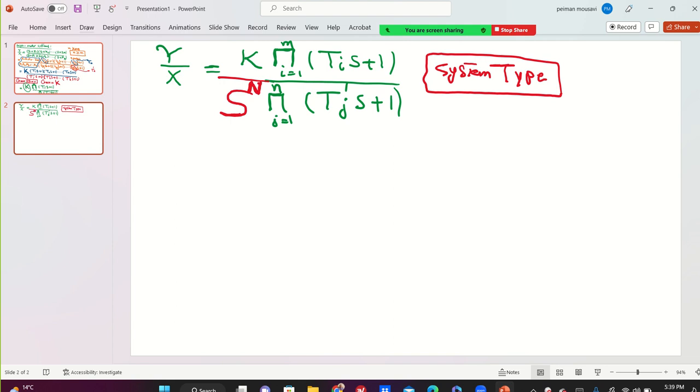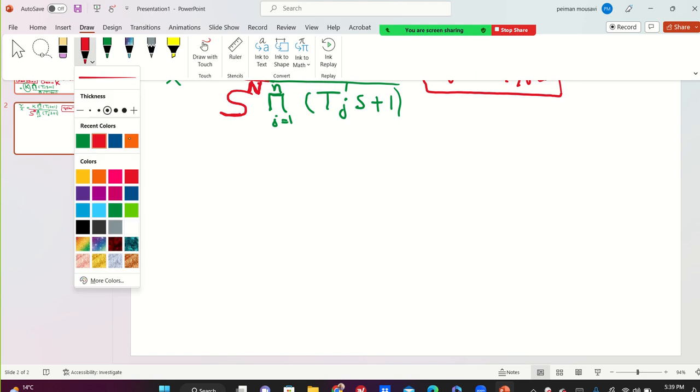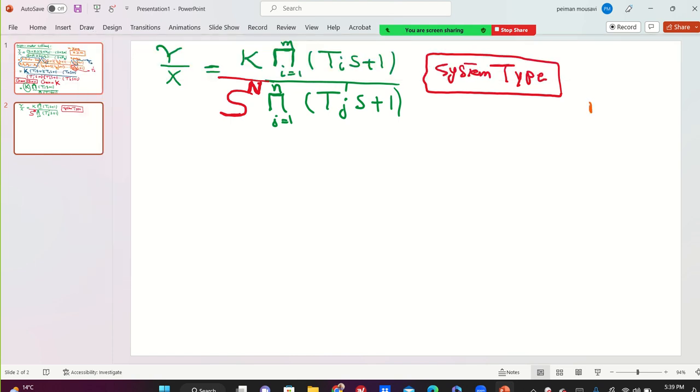I told you when I taught you the Laplace transform, what is this in control theory? What is this in mathematics of high school? What is Laplace of d over dt?